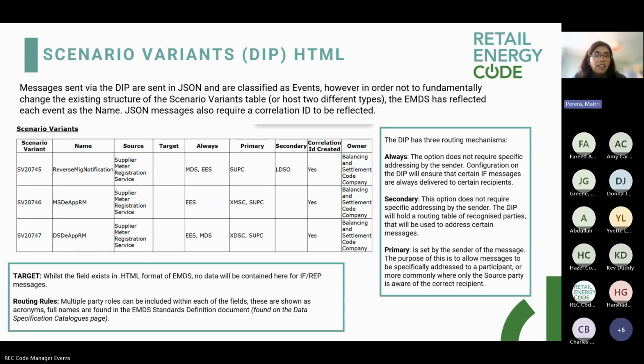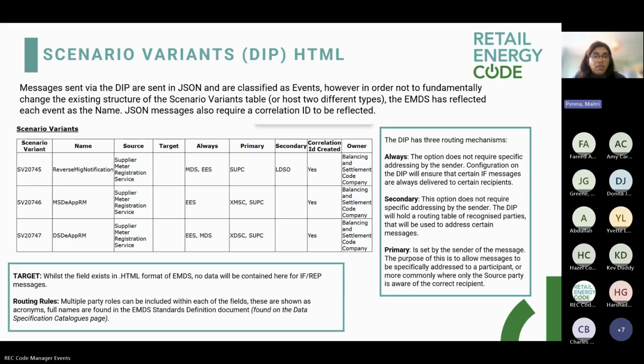On the table here, you can see examples of scenario variants such as reverse migration, notification, and de-appointment. Each variant includes details like source, target, primary and secondary roles, and whether a correlation ID is created.